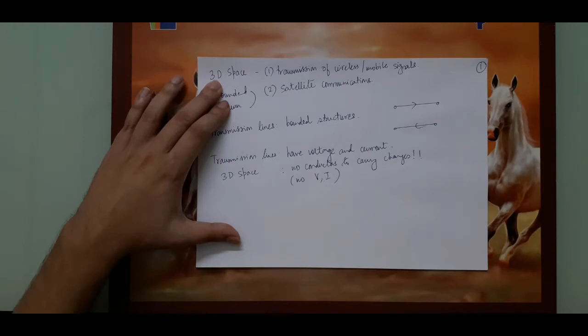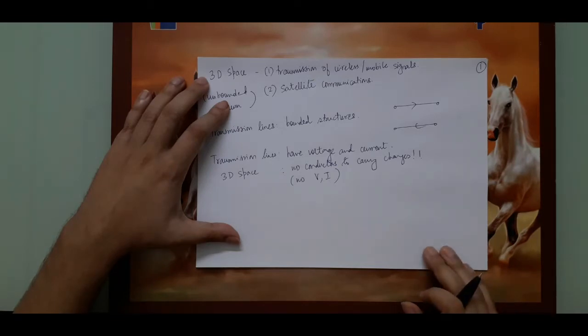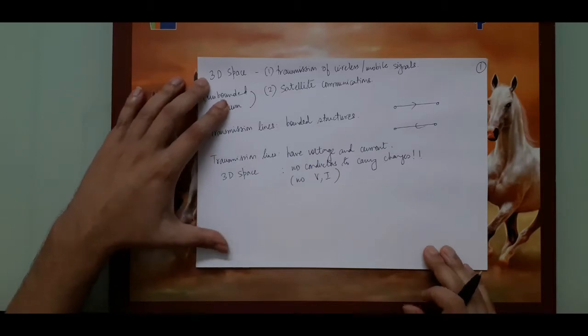So, to understand how the waves travel in space, you need to look into a little more fundamental property of the waves. So, electromagnetic waves, as we have discussed, is nothing but waves comprising of electric and magnetic fields.